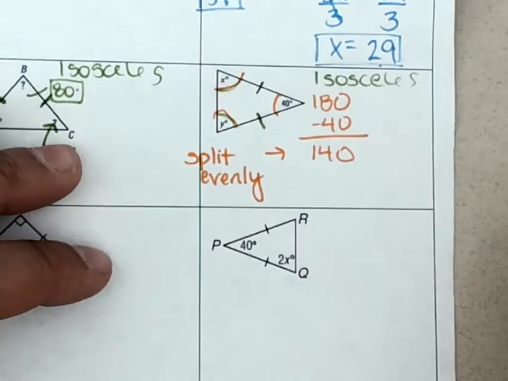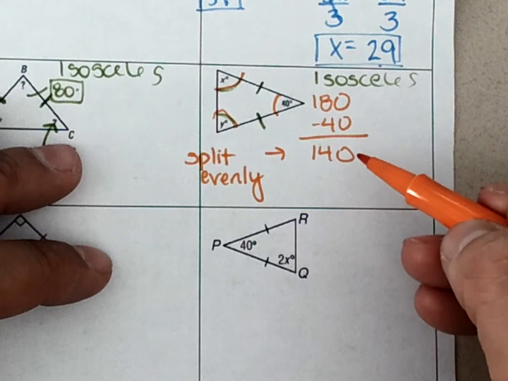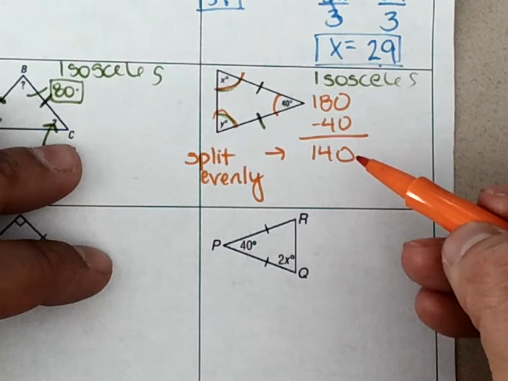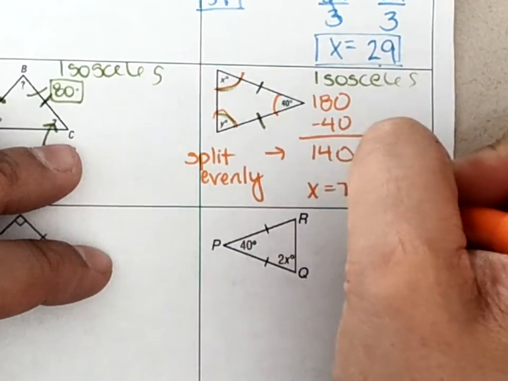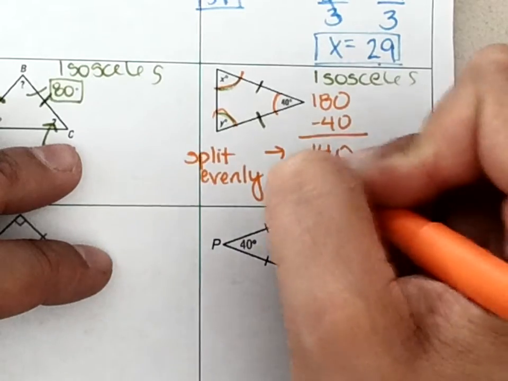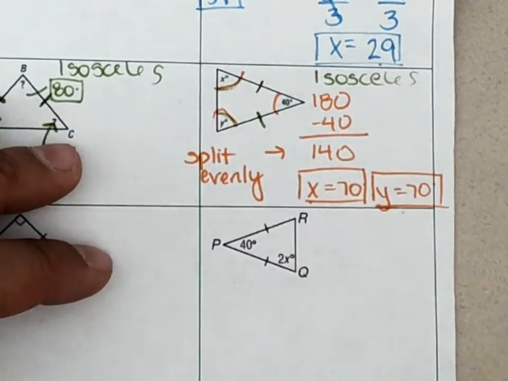Which means they both, if they have to be congruent, because it's an isosceles triangle, the only number that would add up to 140 if added twice is 70 degrees. So we know that x is 70 degrees and y is also 70 degrees, because 70 plus 70 is 140, and they have to be the same number because they're isosceles.